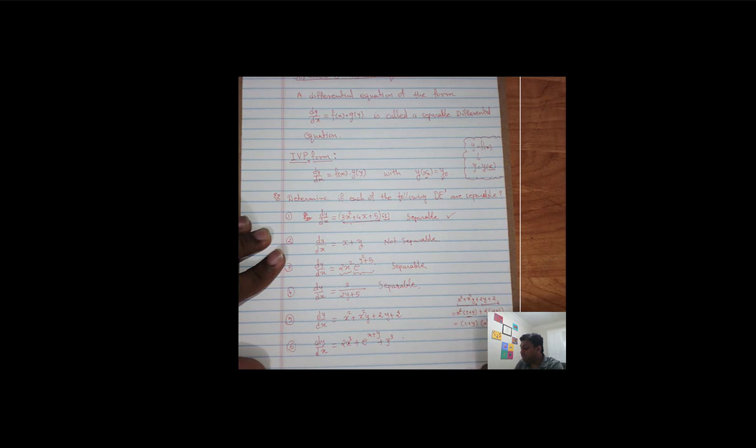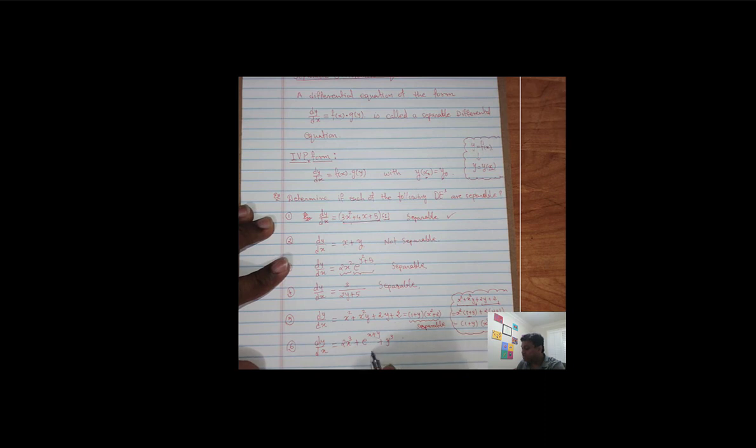What is left over will be x square plus 2. So the right hand side of my differential equation can be rewritten in factored form, where one factor is a pure function of y and the other factor is a pure function of x. This is indeed a separable differential equation.